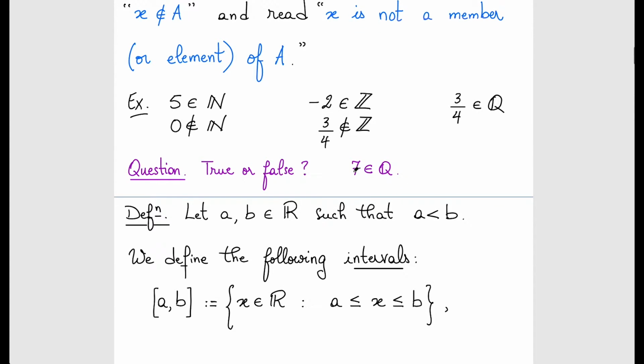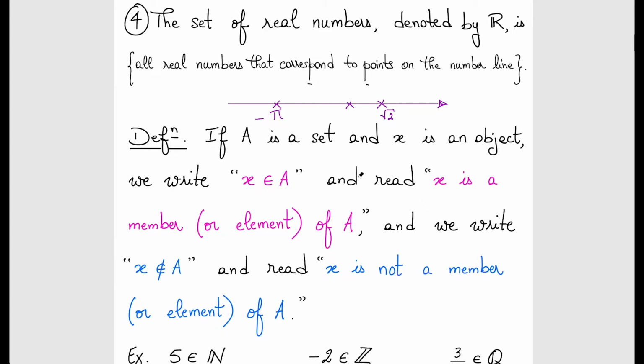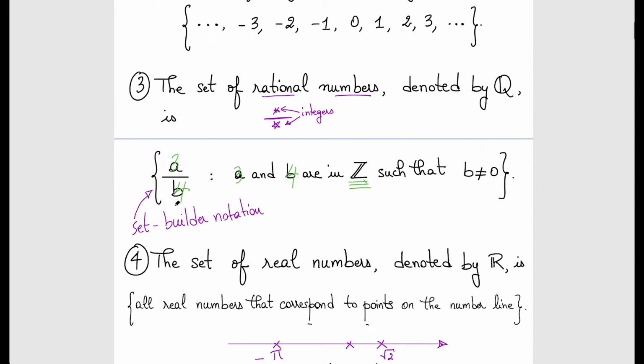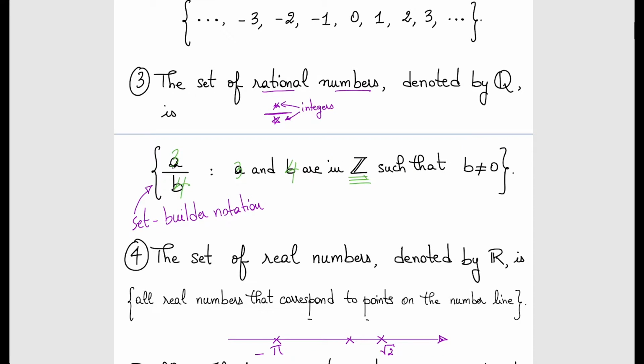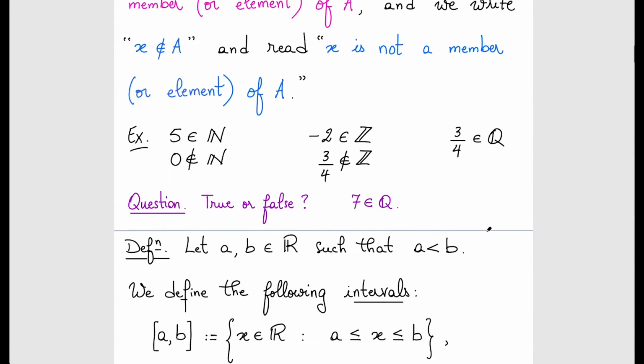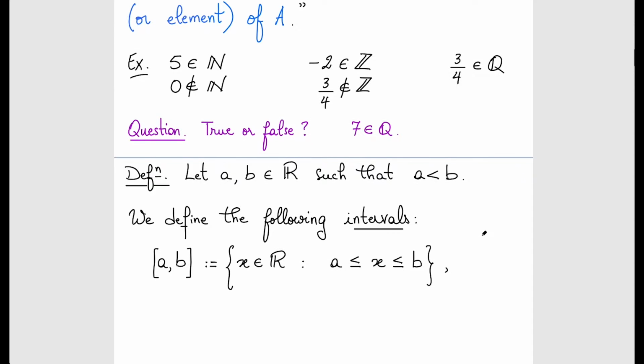What does it take for an element to be in Q? It has to be written as a quotient where the guys upstairs and downstairs are integers and the guy downstairs is not 0. Can you write 7 as such a quotient? Think about it. Alright, moving on.